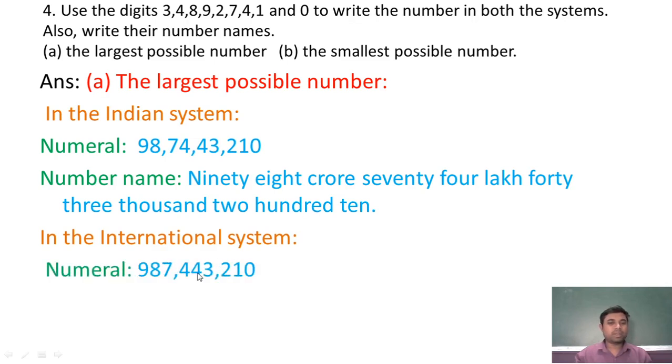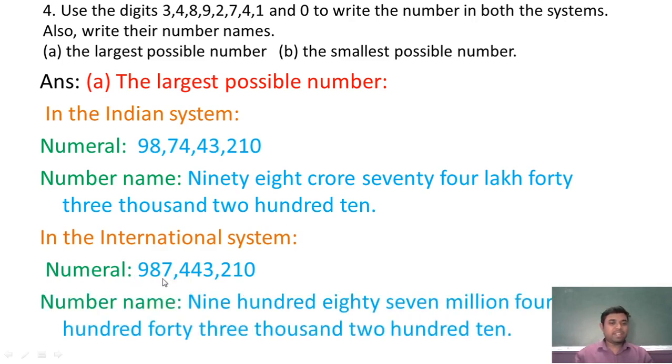Put the commas first for this 3, then again for 3, and here already 3 are given. So the number name is 987 million 443,210. Write in your copy properly.